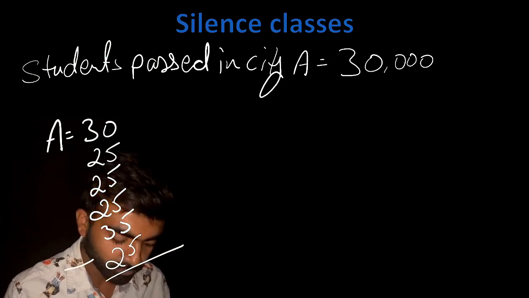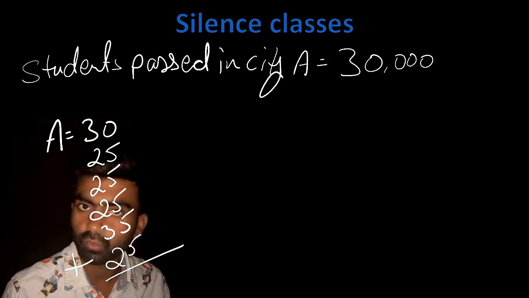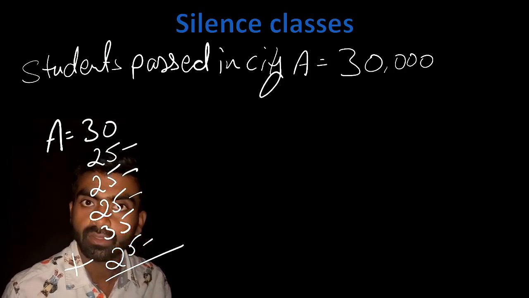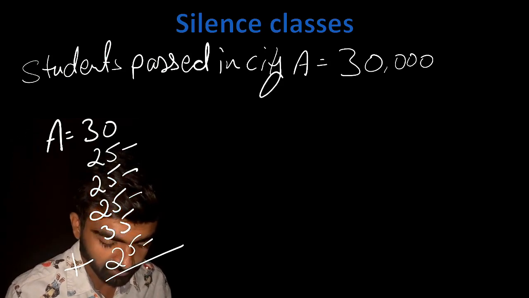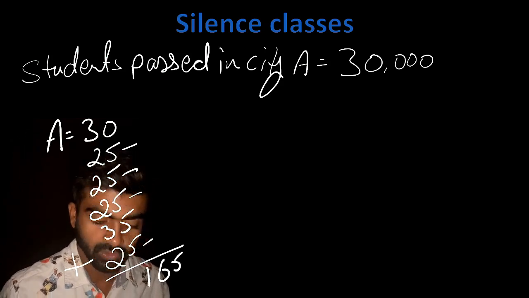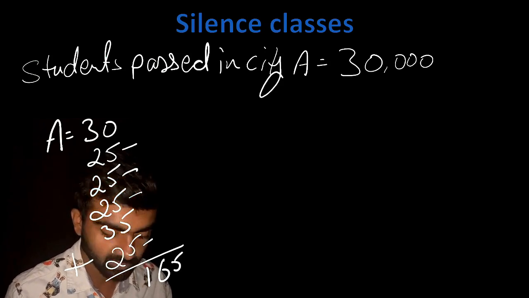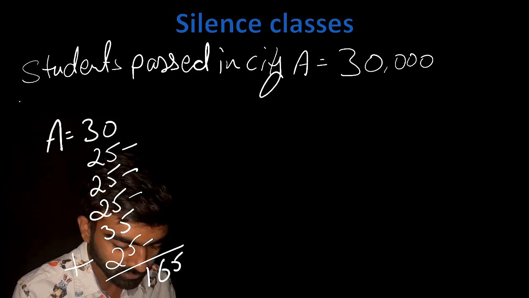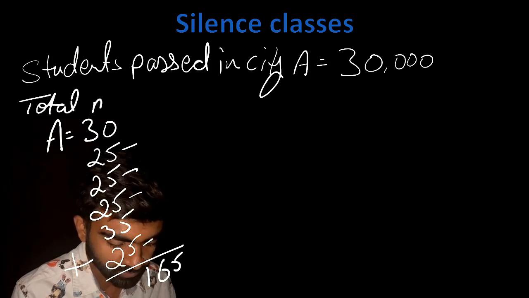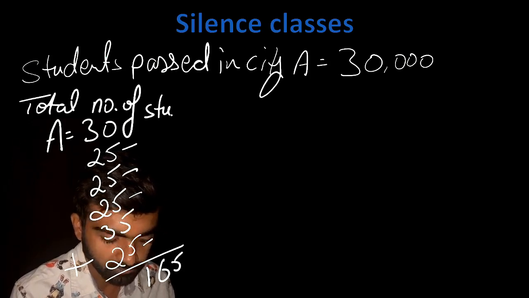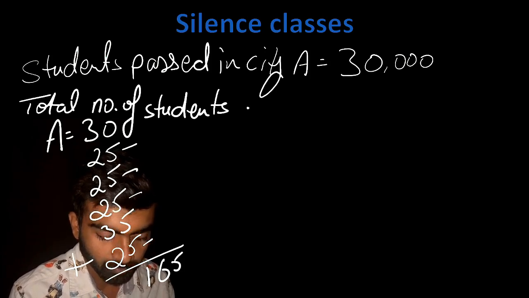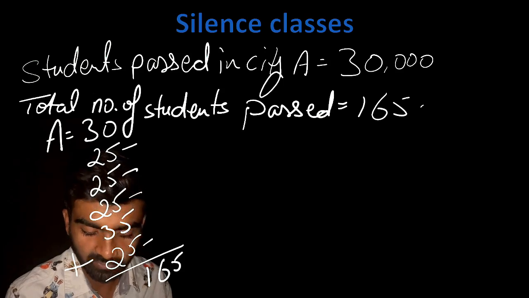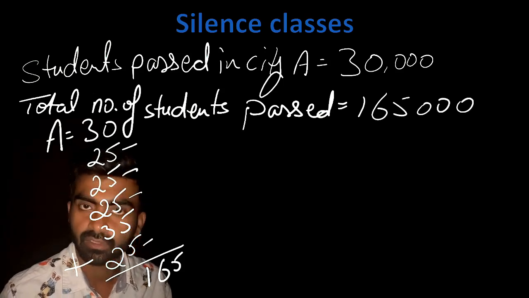Then we have to add all these because we have to find the total number of students. 25, 25, 25 and 25 will become 100. It will become 165. Total number of students passed altogether is 1,65,000.